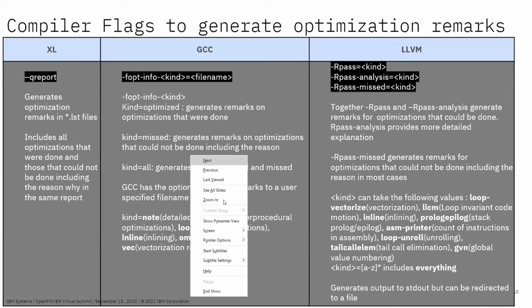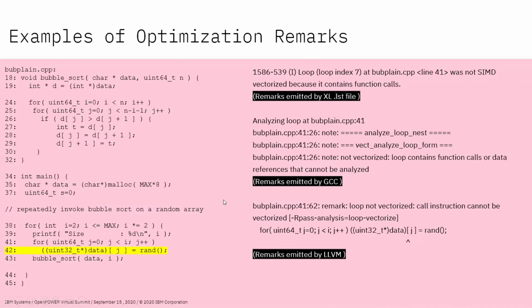So let me quickly go to an example. On the left side, you will see the bubble sort routine. It's a very simple bubble sort routine. And on the right side, you will see the remarks that each of these compilers have generated, right? Consistently, you will see that since there is a function call in the highlighted region in the loop, all the three compilers have stayed away from vectorization.